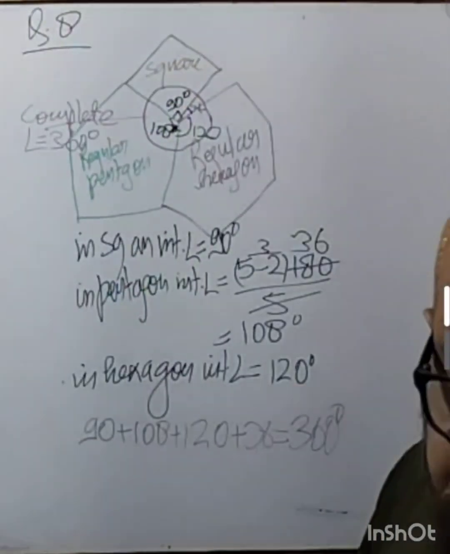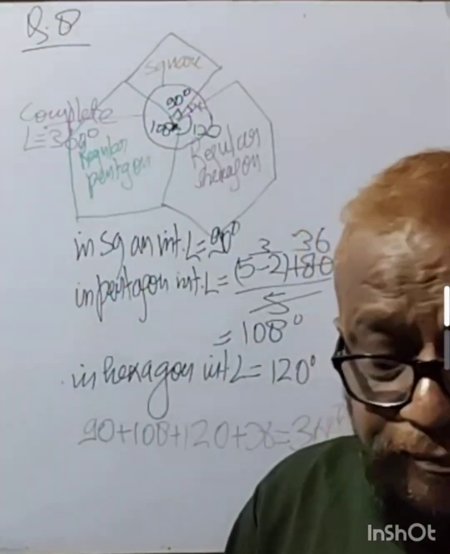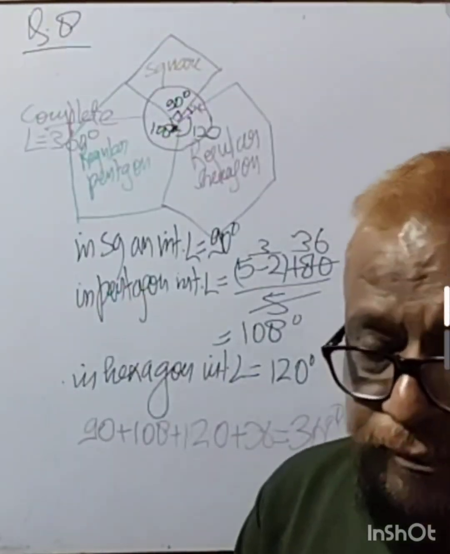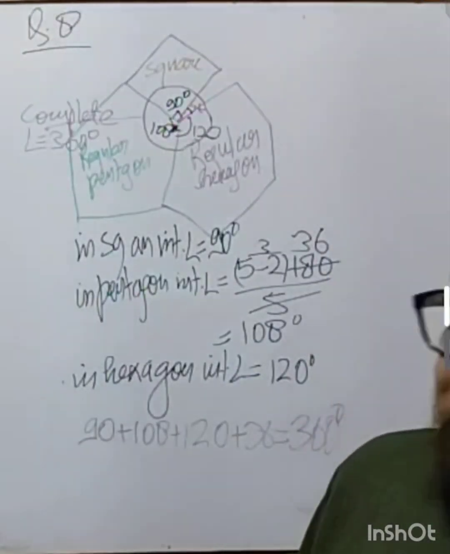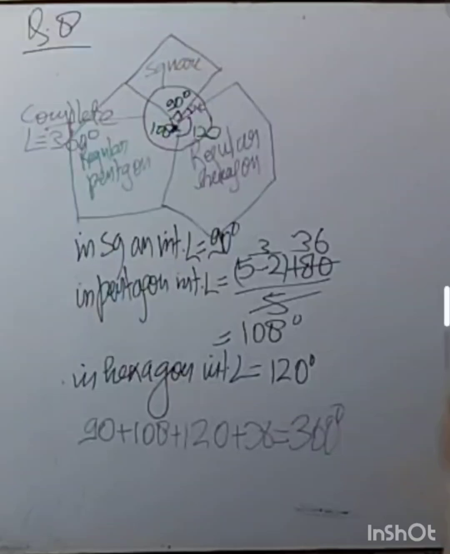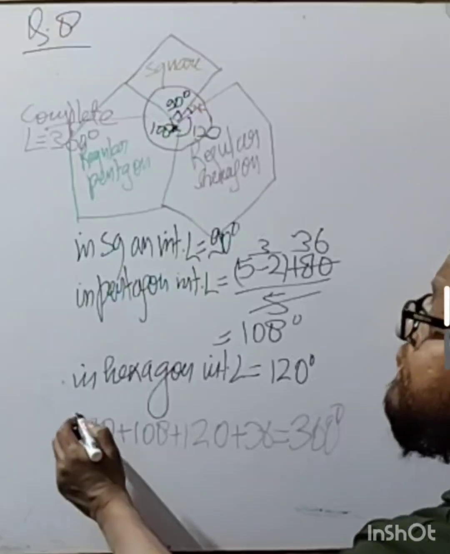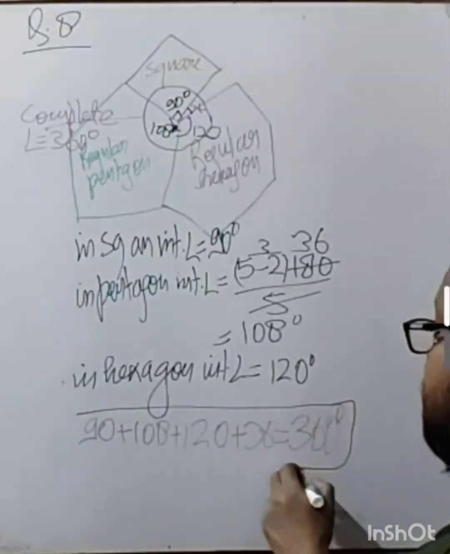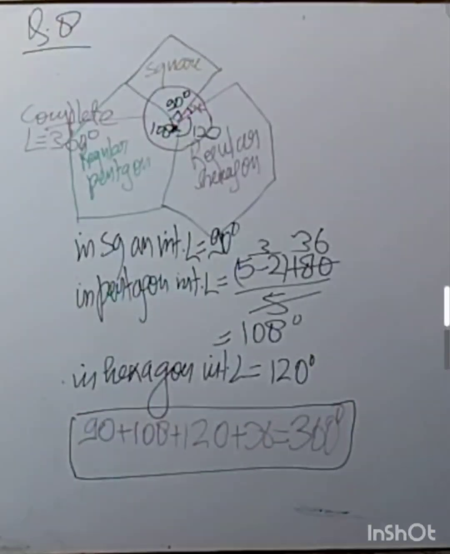Is this so? So how much do you get here? The sum of all this is how much?